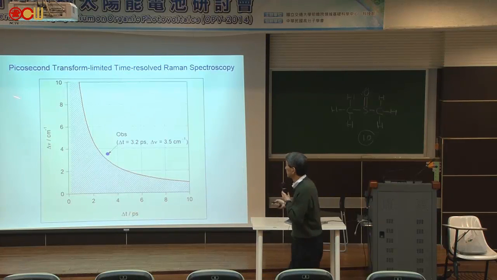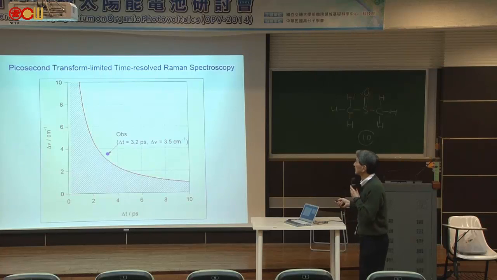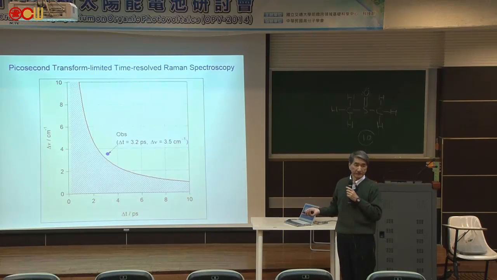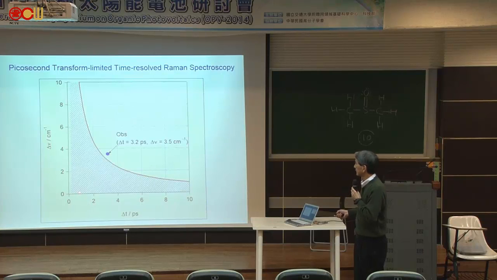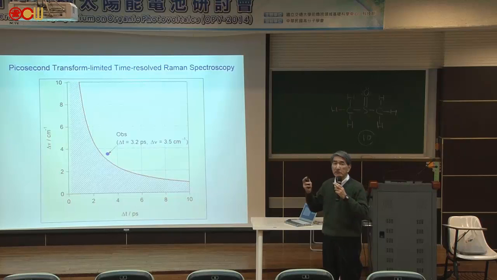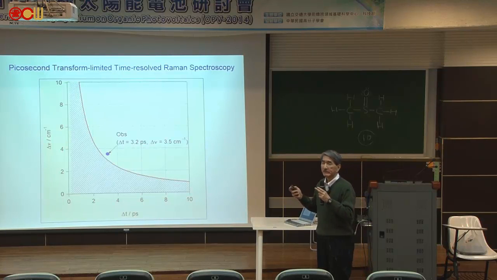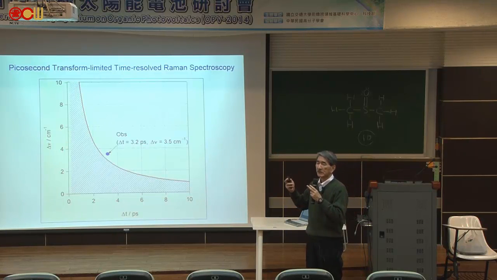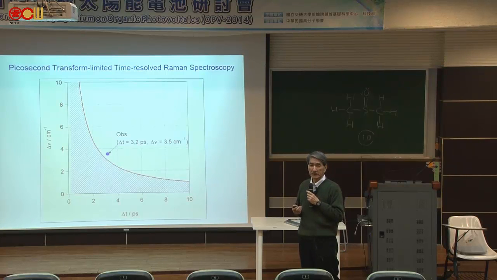It's called the transform-limited relationship between the laser line width and the pulse width. If you have a 1 picosecond laser pulse, then your laser width is about 10 wave numbers, and 10 wave numbers is probably too large for doing precise Raman spectroscopy.